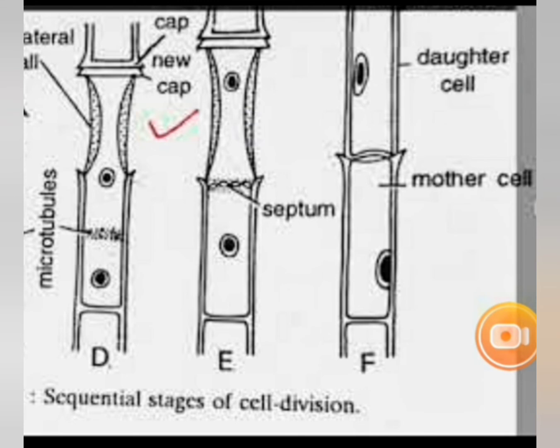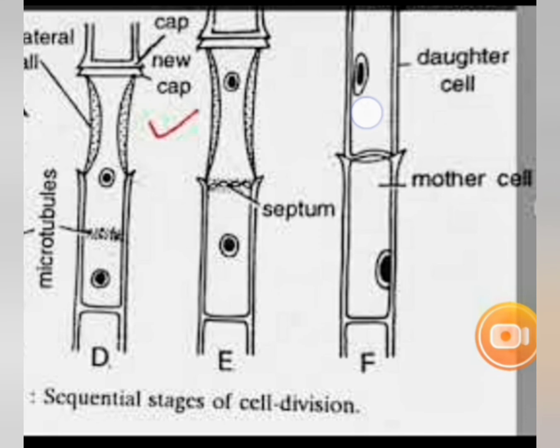The septum will stay at the anterior end of this mother cell, and later on it will develop into a major cross wall, a wall which is formed between the mother cell, that is the old cell, and the new cell, and a new side wall will develop between the cuticle of the upper cell.